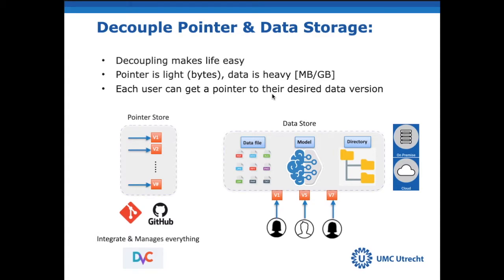For the pointer store, we're going to use GitHub, which is widely used as an open source Git server, and we're going to use Git as version control. Interestingly, the solution was proposed as data version control, DVC, but still the majority of the heavy lifting is done by Git.